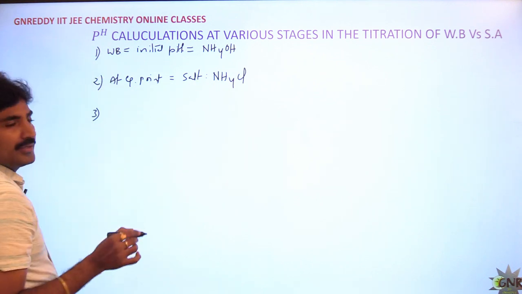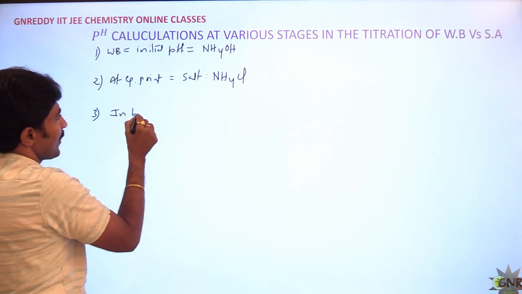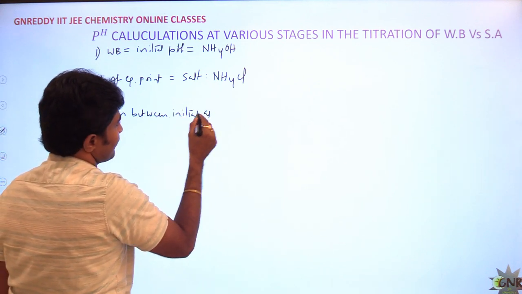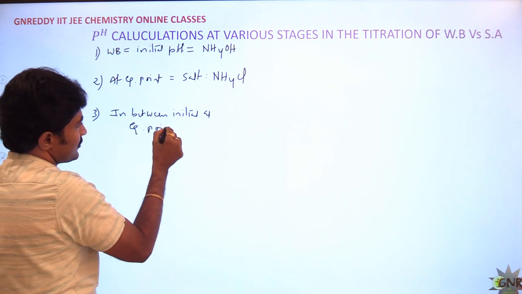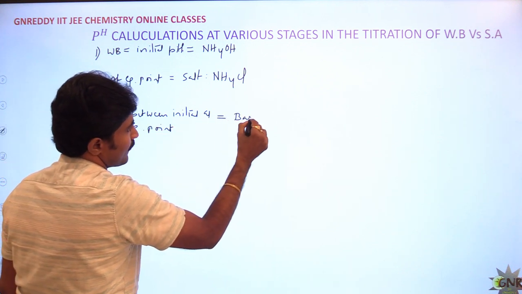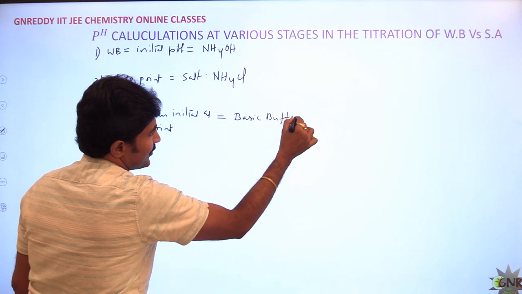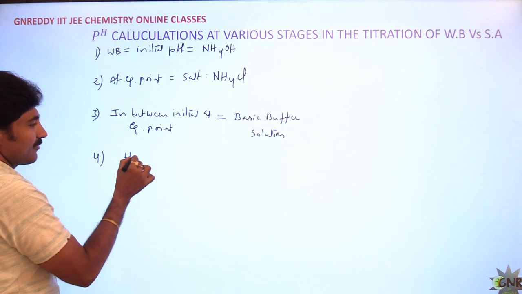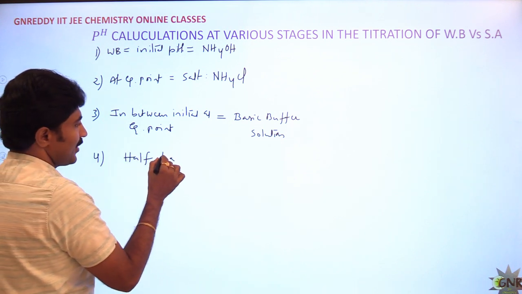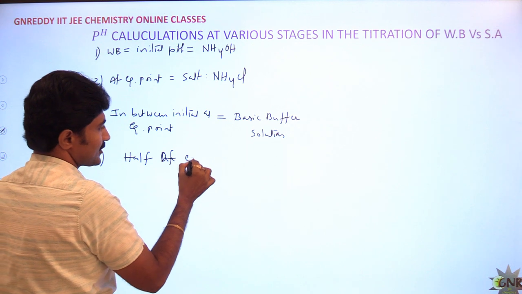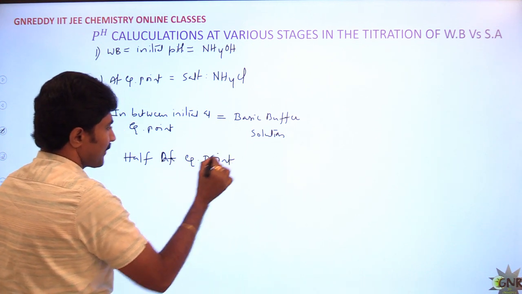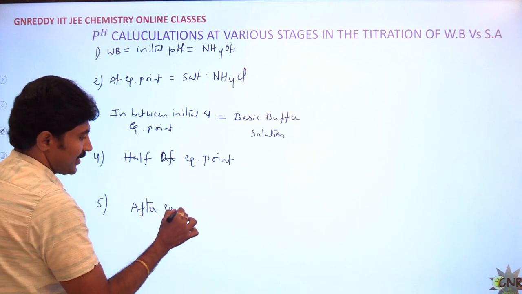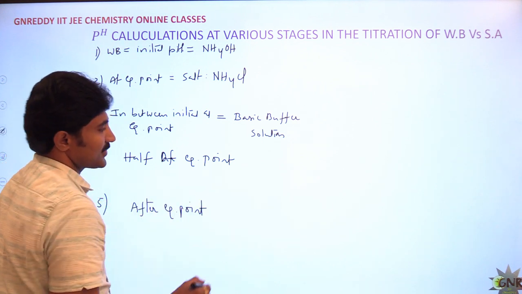And the third one, in between initial and equivalence point, basic buffer solution will be there, and here half of equivalence point has again importance, and finally after equivalence point. So finally 5 calculations there.